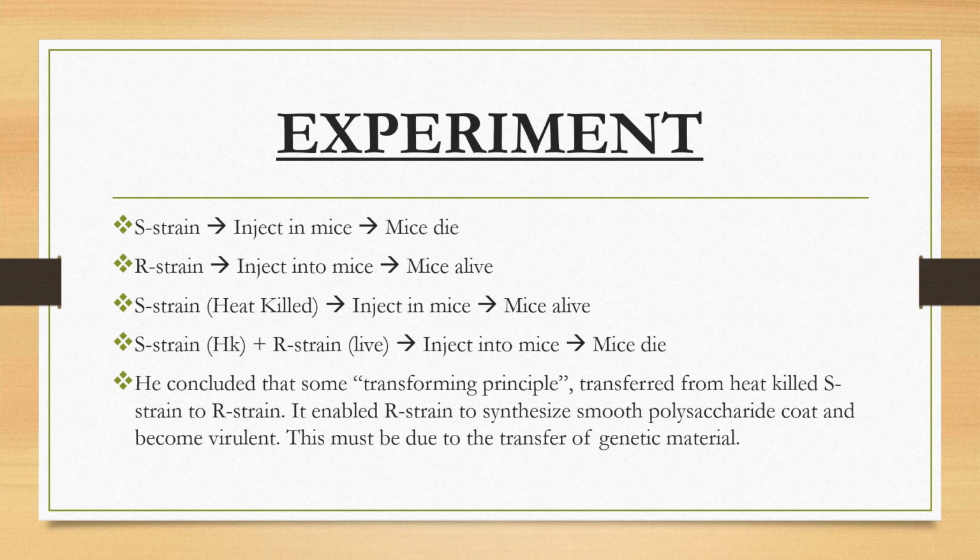As a result, R strain bacterium were able to synthesize that capsule over it, and R strain converted into the virulent bacterium, that is, into the pathogenic one. In short, something was there in the heat-killed S strain bacterium which converted the R bacterium into the S bacterium. This he concluded, and that's why he gave the name transformation, because R transformed into the S one.